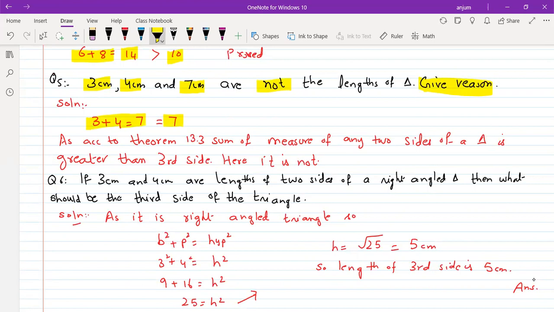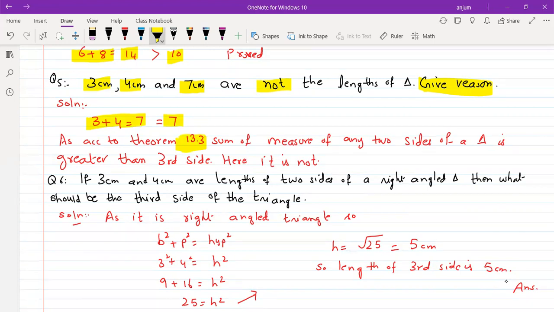The sum of the two sides must be greater than the third side. So according to theorem 13.3, the sum of the measure of any two sides of a triangle is greater than the third side, here it is not. So it is not satisfying our theorem 13.3. These measurements are not possible in any triangle.